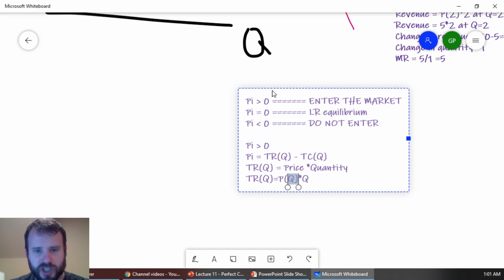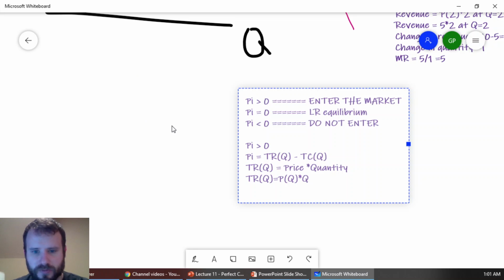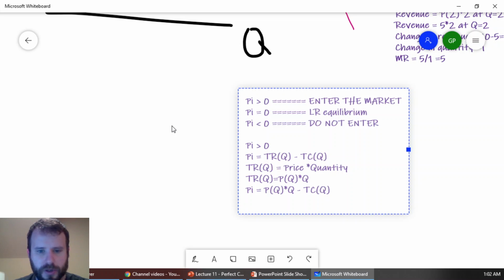For perfect competition, price is just going to be P. For other industries, it'll be a function of Q, your inverse demand function that we've seen 100 times in this course, where you have downward sloping demand. Anyway, so pi equals P times Q minus TC(Q).